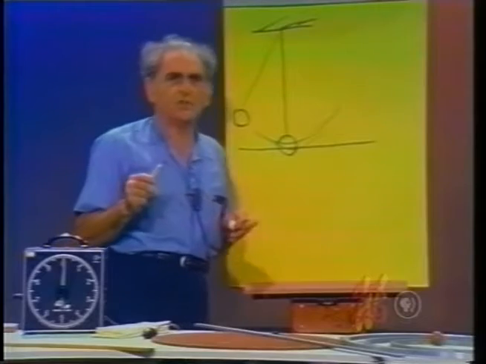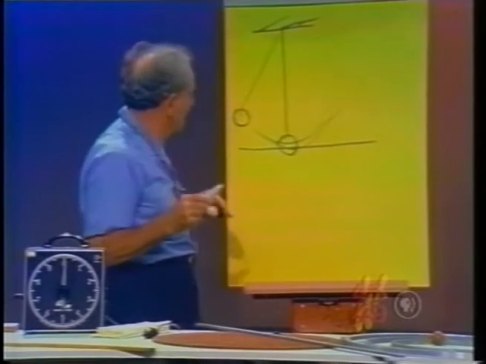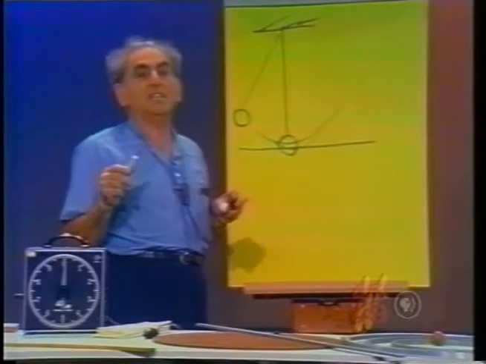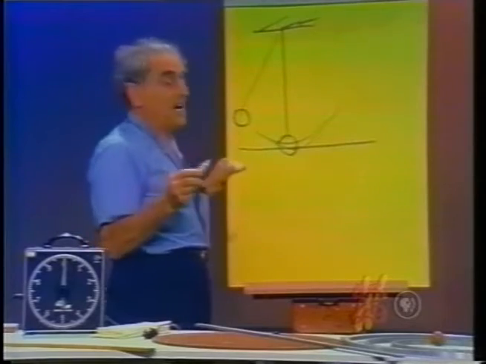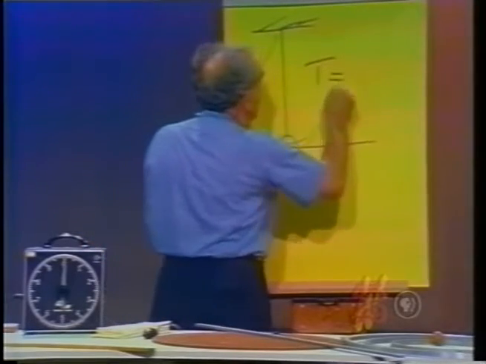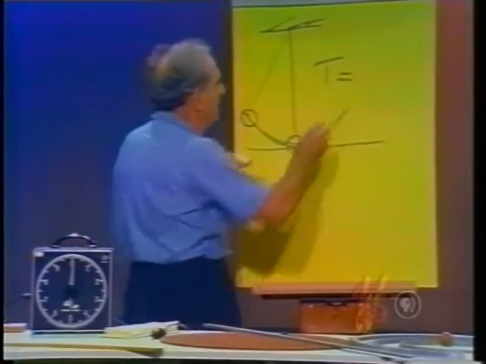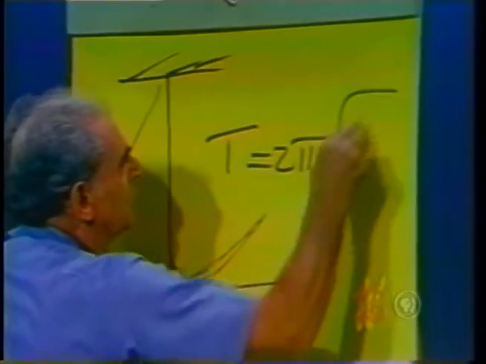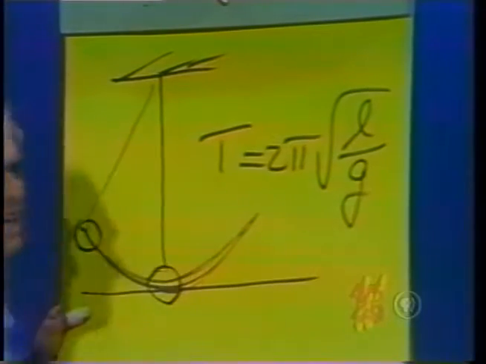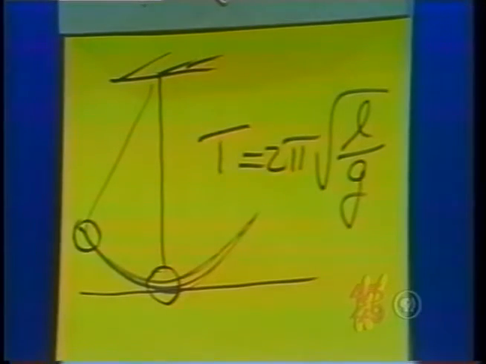Now, we wish to explore its motion. When you study the lesson in this business, you will find that the period, which is the time for a complete trip, comes out to be some such expression about which I will not have much to say.